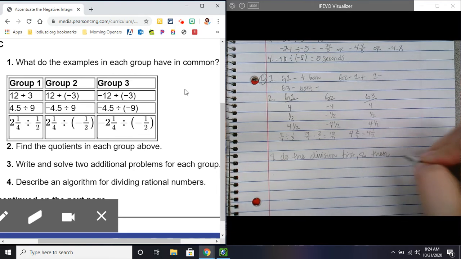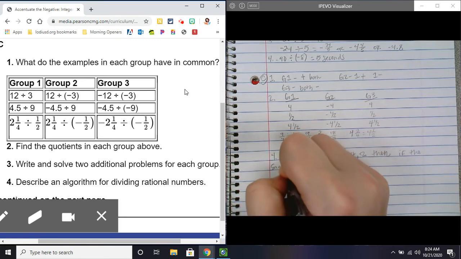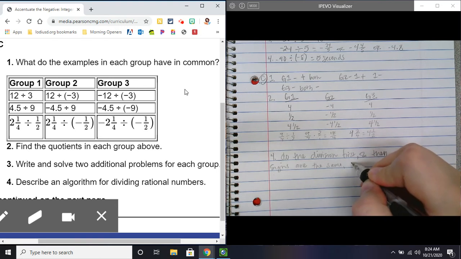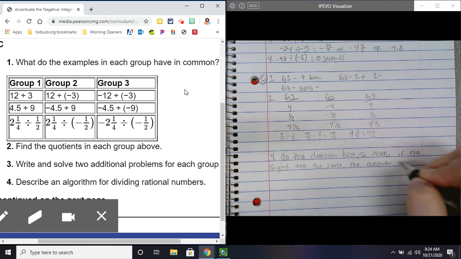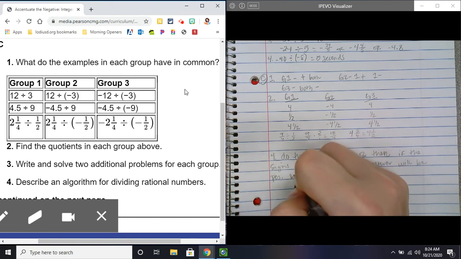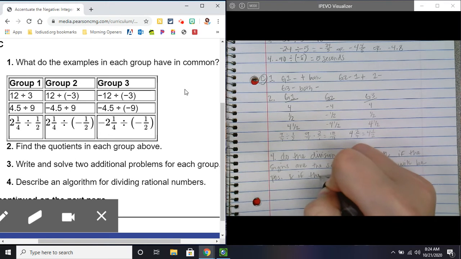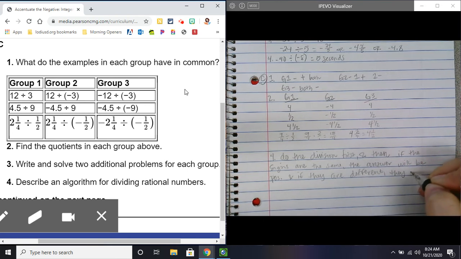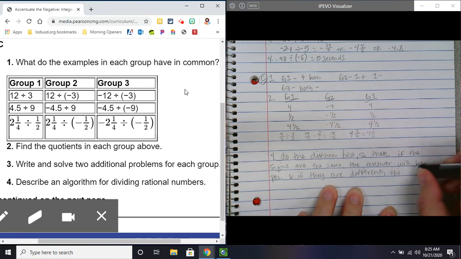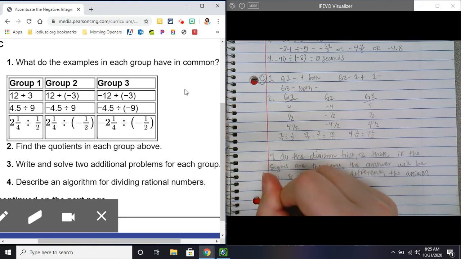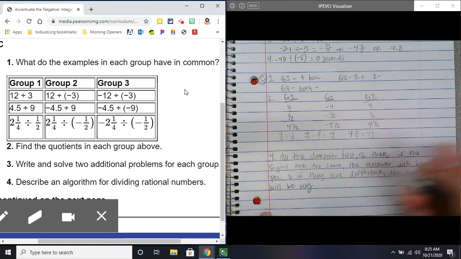And then if the signs are the same, the answer will be positive, and if they are different, the answer will be negative.